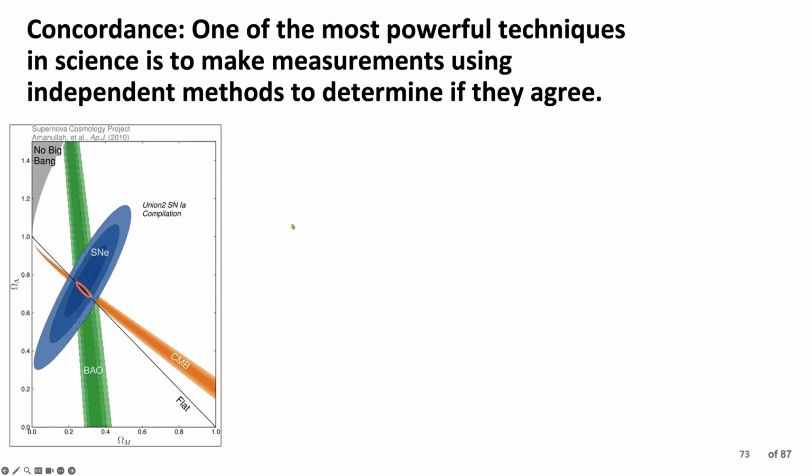And what it gives us is this. If we look at the amount of matter in the universe and the amount of dark matter and dark energy, and try to overlay all the data we have to get to a single value for where we are in terms of dark energy and matter, we can use the supernova data, the cosmic microwave background data, and something called baryon acoustic oscillation.